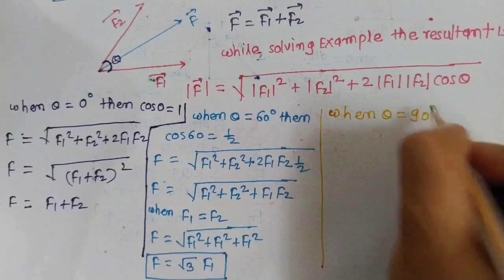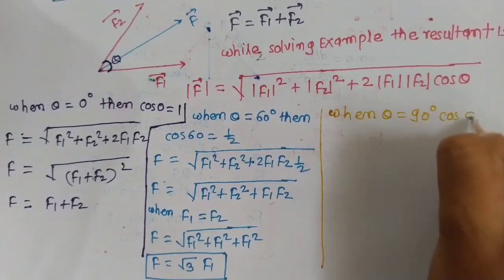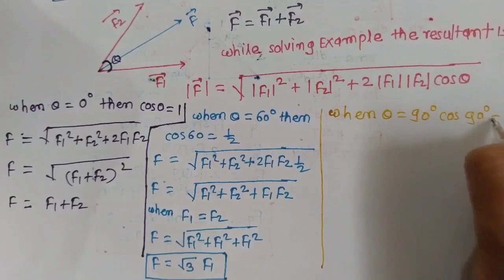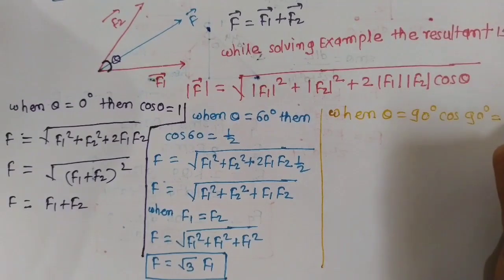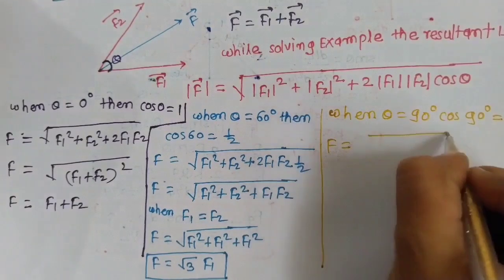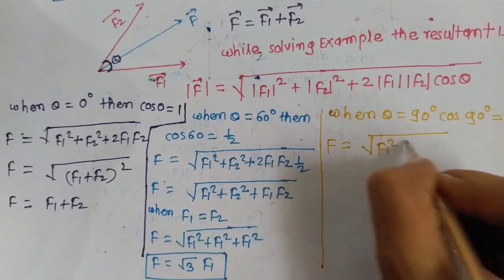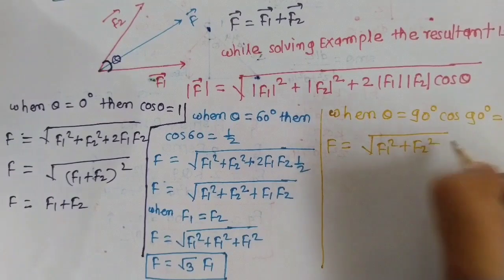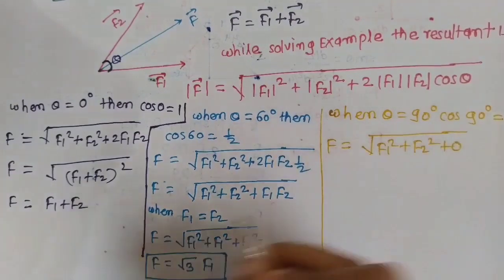When theta is 90 degrees, what is cos 90? It is 0. So we can write it as F1 square plus F2 square plus 0.